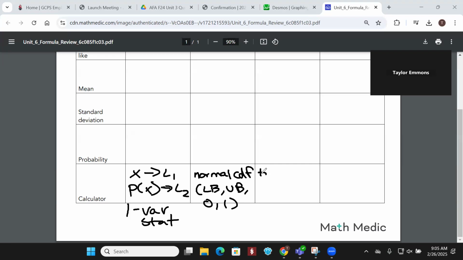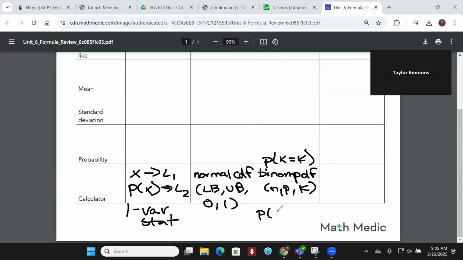For binomial, you've got binomial PDF, and that's where you're going to put in PK. And then for binomial CDF, okay, so PDF is when you're trying to find an exact value.